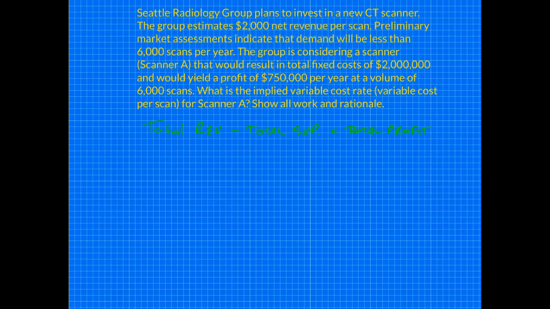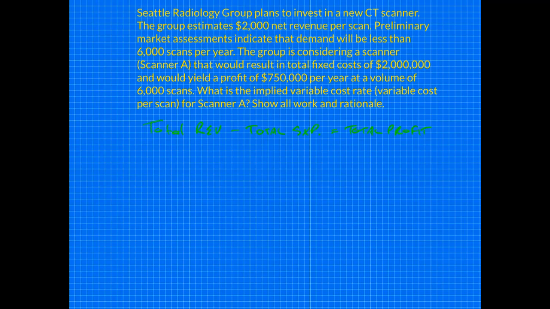Or you might hear net income used. Don't confuse revenue with how much money you're making in the end. Revenue is what you're collecting up front. Then, of course, you've got all of the expenses that come out of that revenue to give you your total profit, or in some cases, you might hear total income used.